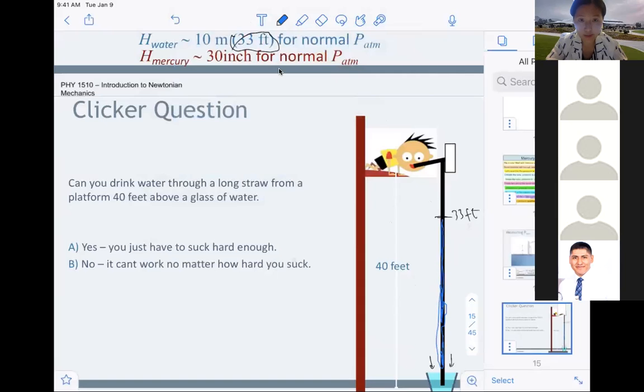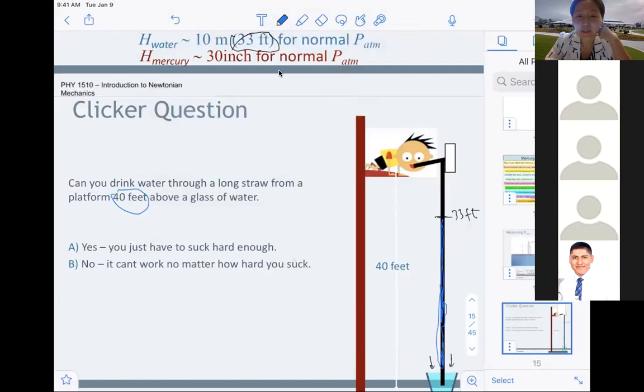Very good one. Yes. You talked about a key important factor in this, that what we're drinking is water. And we know that the atmosphere pressure could support 33 feet of water, and now you're trying to get it up more than that. So atmosphere pressure simply could not push it any further. The mechanism of us being able to drink our beverages from a straw, we always feel like it's me sucking the liquid into my mouth, right?